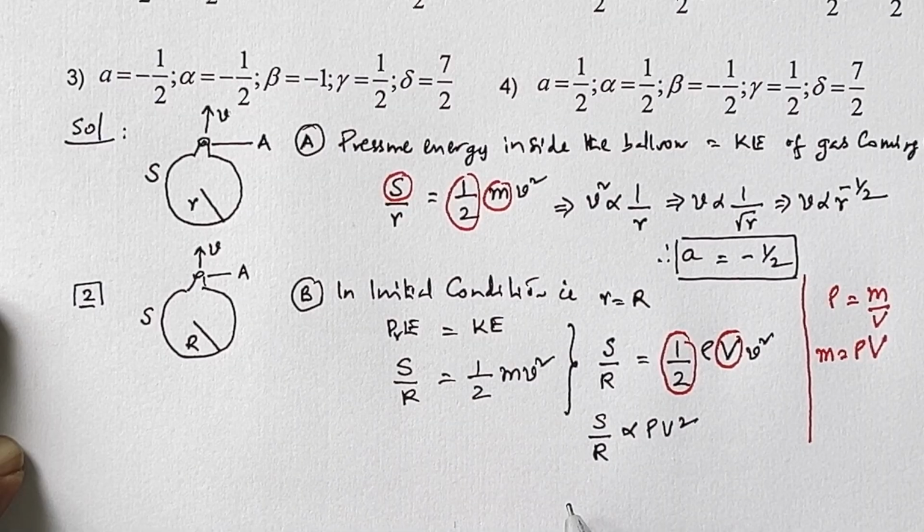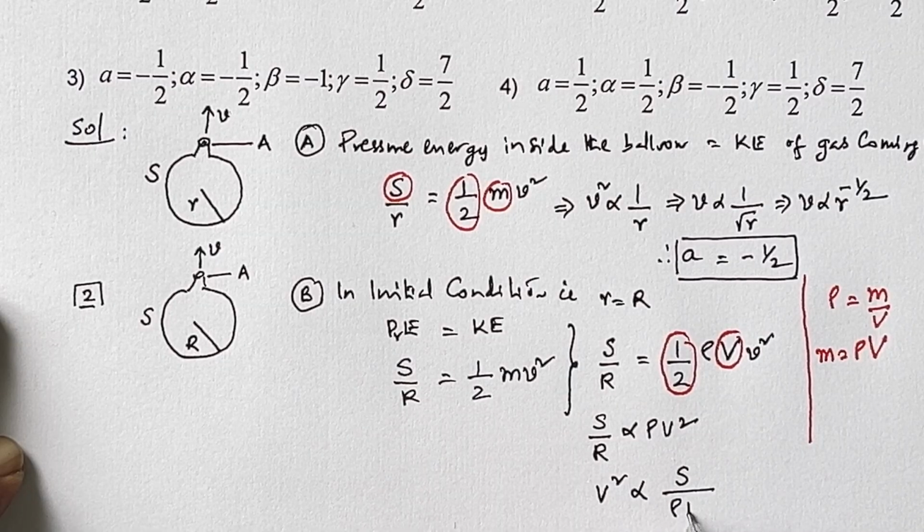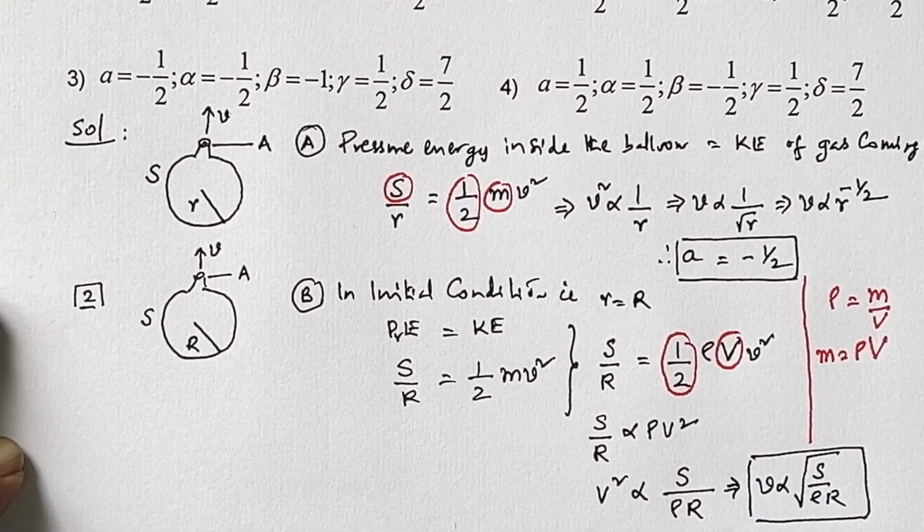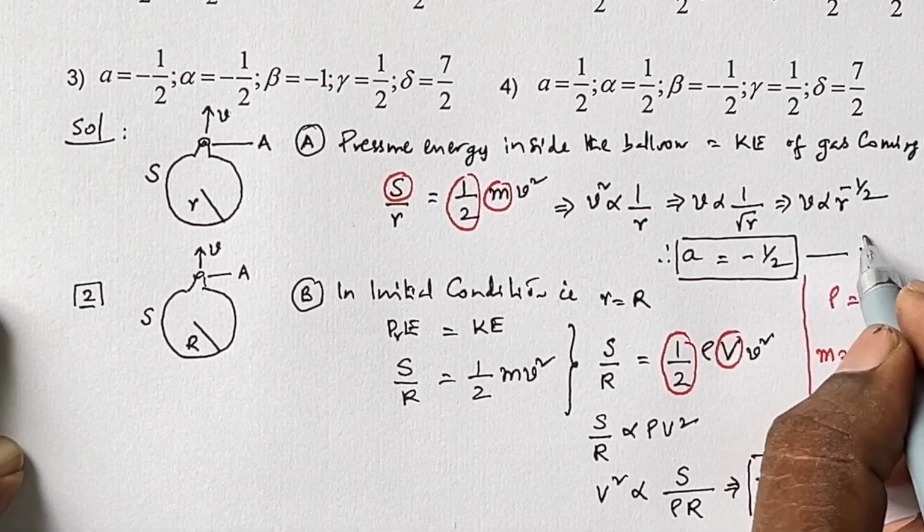From this I can calculate V square proportional to S by rho R. That implies V proportional to root of S by rho R. So this is the value of V. This is an answer.